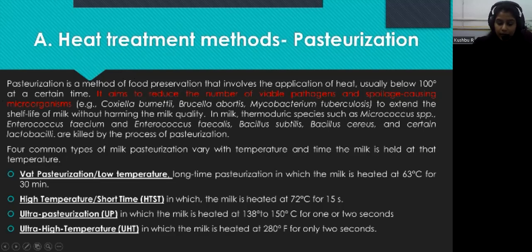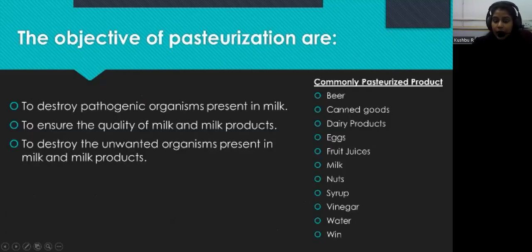Ultra high temperature, that is the ultra high pasteurization, we use the temperature about 138 to 150 degrees Celsius for 1 or 2 seconds, and ultra high temperature, that is about 280 degrees Fahrenheit for 2 seconds.